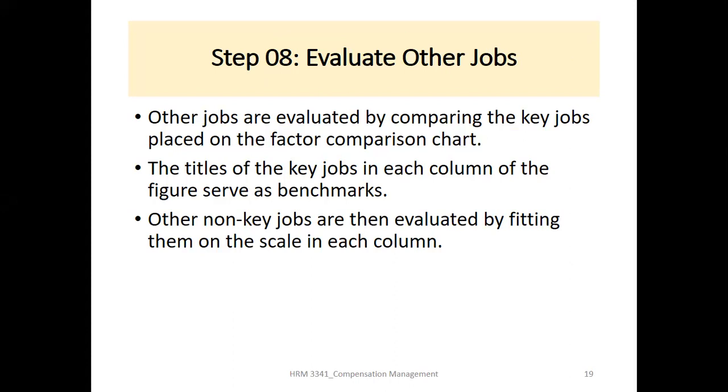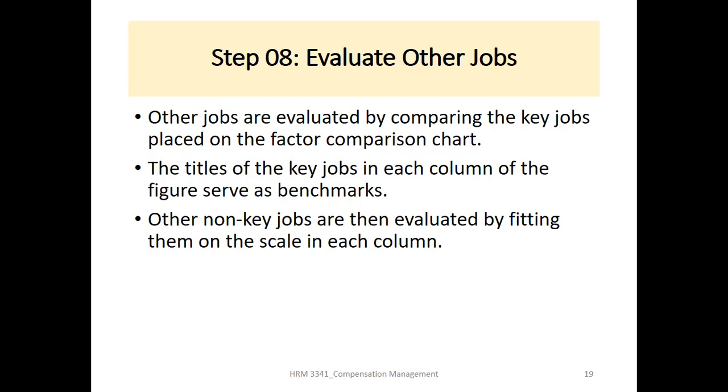As a final step of the factor comparison method, step 8 is evaluate other jobs. Up to this point, we have evaluated only the key jobs, not other jobs. But for pay management purposes, we need to evaluate each and every job of the organization.